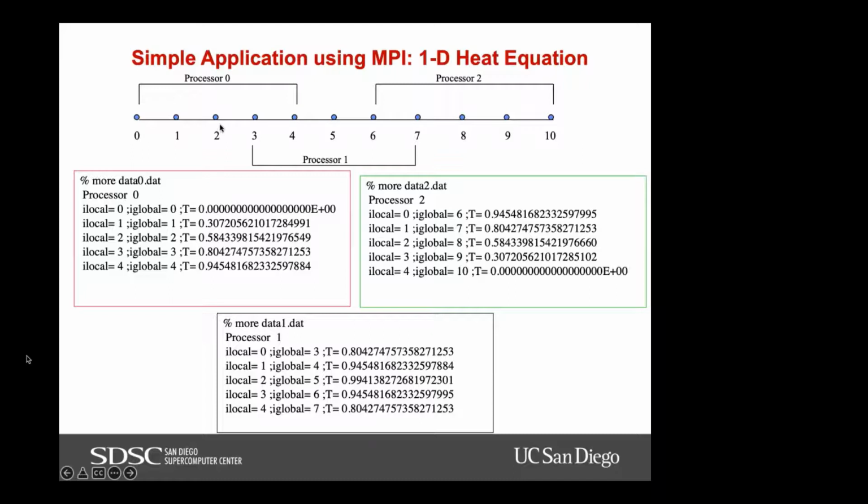You can start by computing the values at 4 and 3 and then sending them off with a non-blocking call, and then do the rest of the domain, right? That way, while you're spending time computing 1 and 2, 3 and 4 would have gotten communicated. So that will overlap the two.